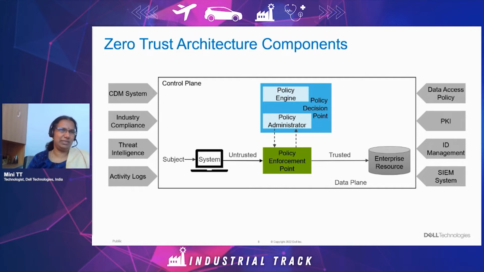And then say a subject is coming from an untrusted world to access a resource, which we are seeing there, in an implicitly trusted environment. When it is coming from the untrusted world, you apply the policies, enforce the policies, and if the policies are met, then you allow access. If the policies are not met, then you do not allow access. That's what we are seeing in the diagram. And the policy engine and the policy administrator are the decision point which makes the decision to allow or not allow.